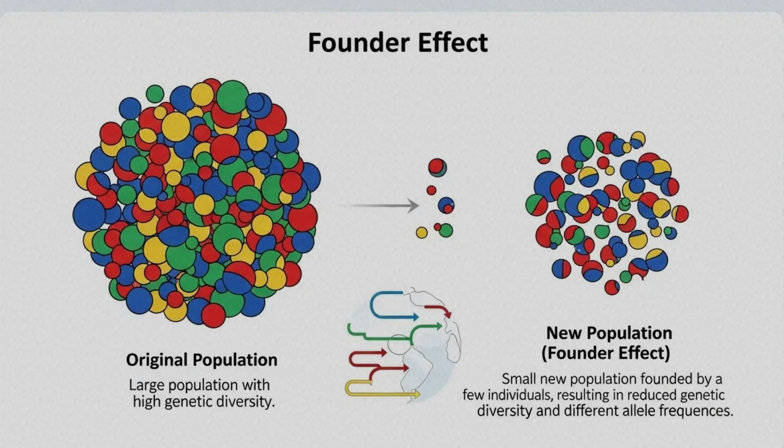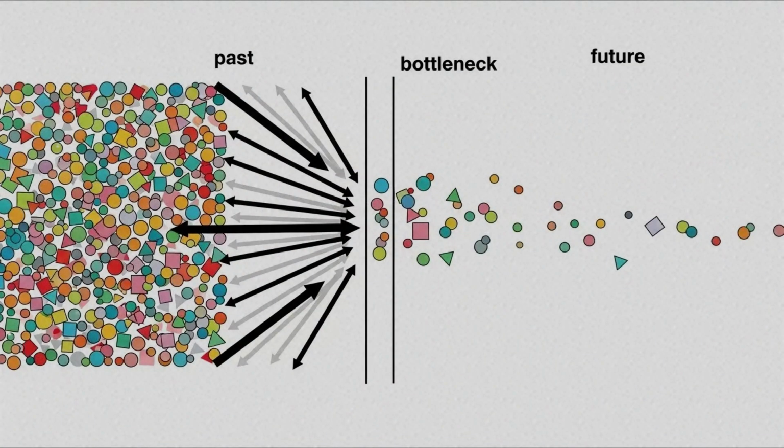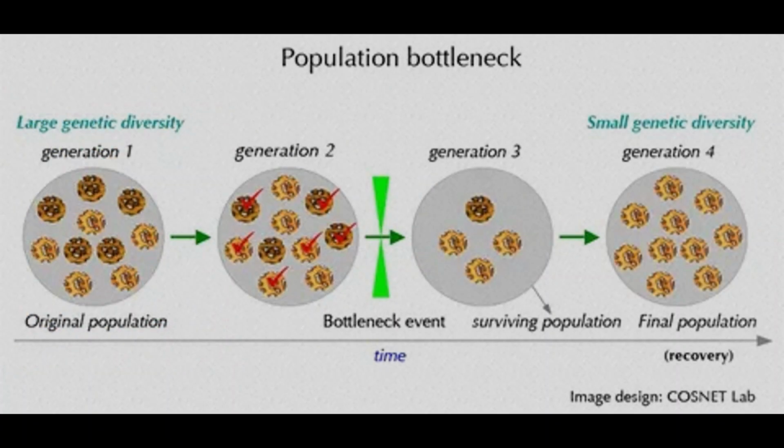Today, carrier frequencies in Ashkenazi populations remain several times higher than global averages. In contrast, populations with greater mixing, such as most European and Asian groups, display low prevalence. These geographic patterns align with models demonstrating that drift effects diminish as effective population size increases.